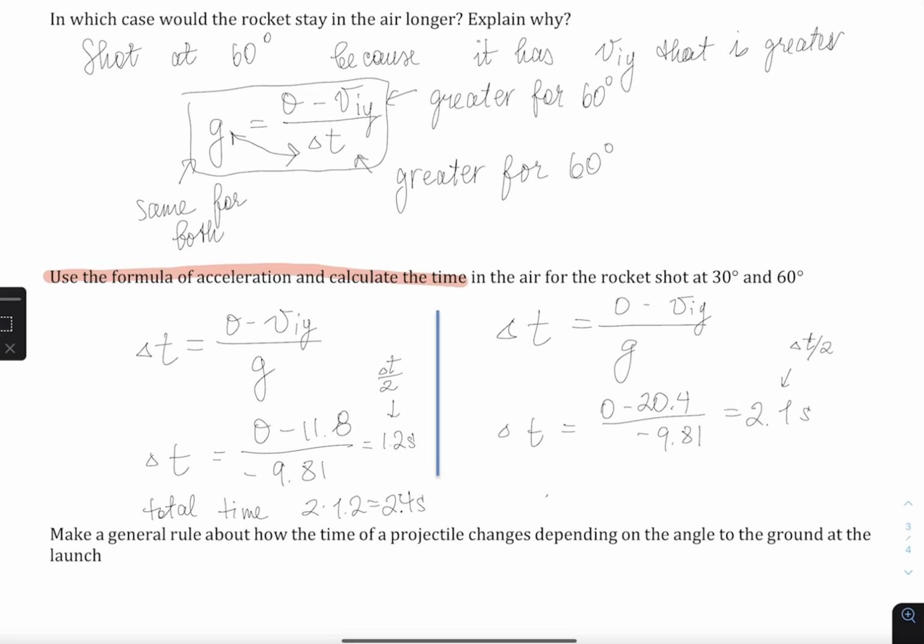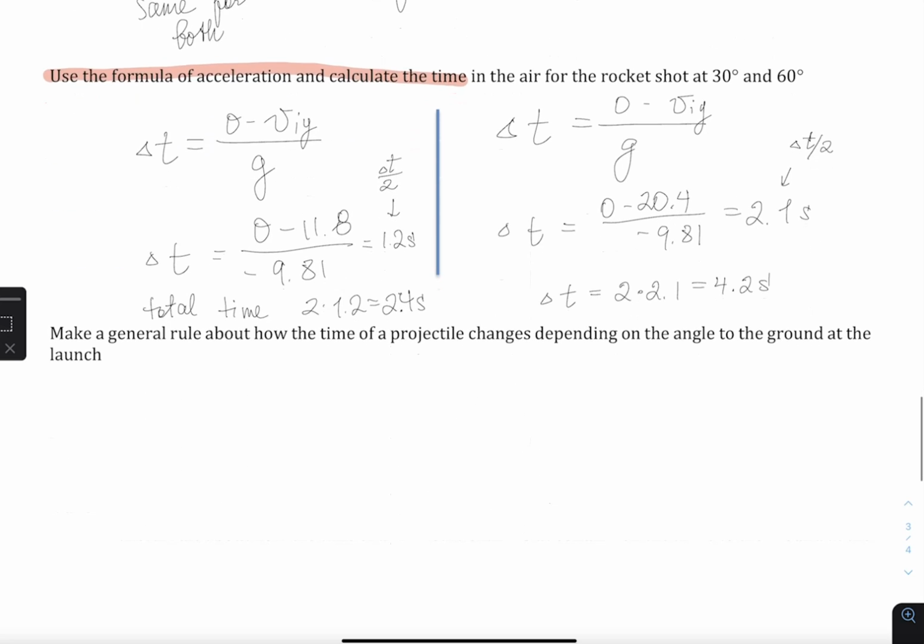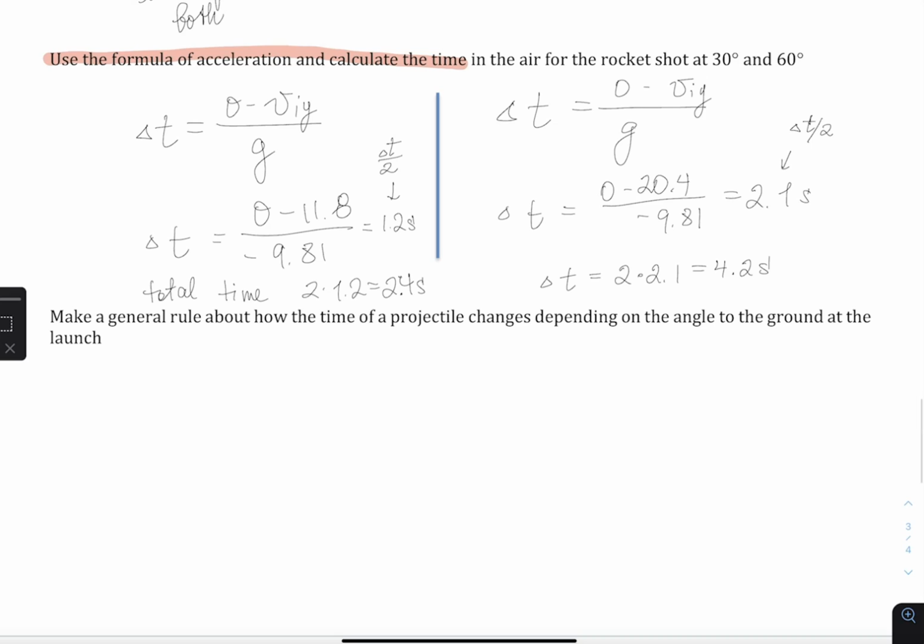And here, change in t is going to be 2 times 2.1, and it's going to be 4.2 seconds. So that, I believe most of you were on task for that and managed to figure it out.